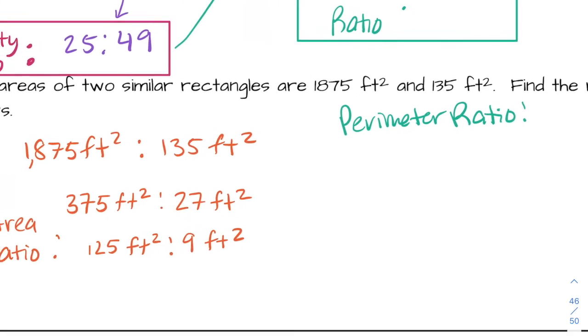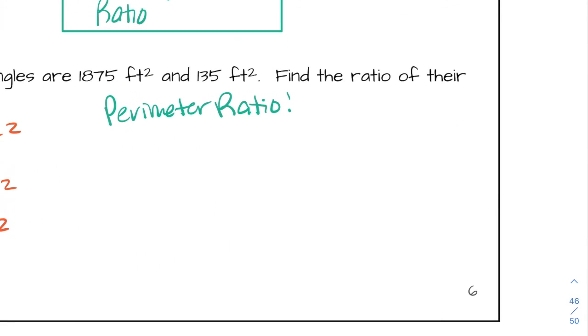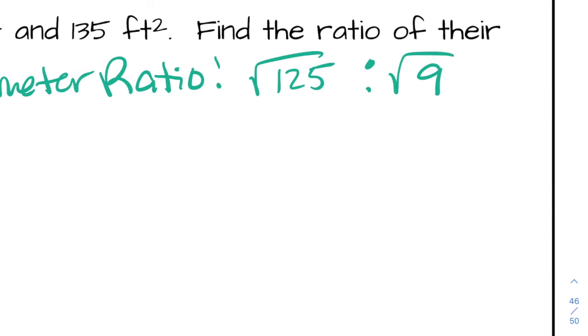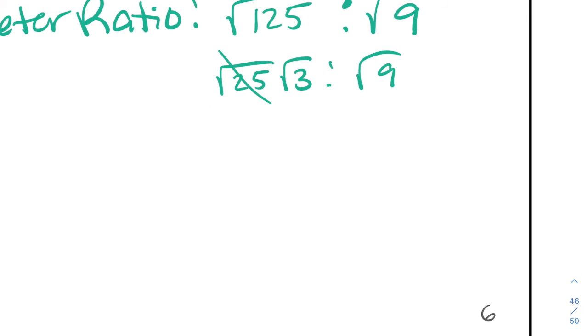All right, so the perimeter ratio is going to be the square root of 125 to the square root of 9. So that is going to be the square root of 125. You're going to have to use your factor tree, but it comes out to the square root of 25 times the square root of 5, my apologies.